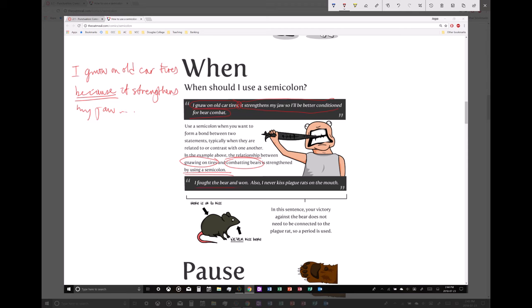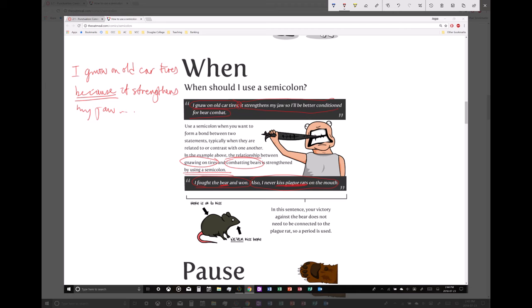Here's the next sentence. I fought the bear and won. Also, I never kiss plague rats on the mouth. Take a look at these sentences. Do you see a relationship between bears, fighting bears, and kissing rats?